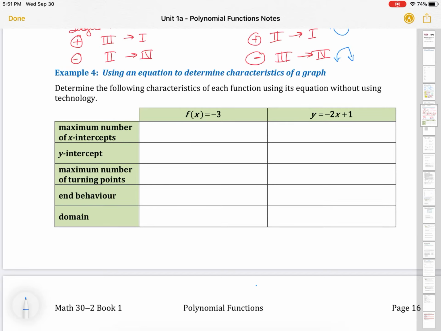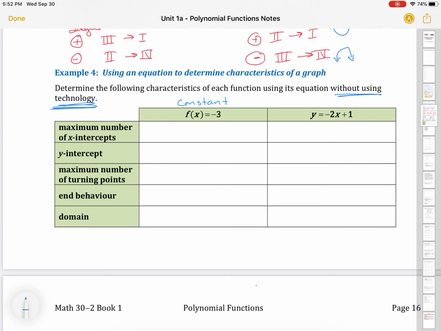Okay. Example 4, using an equation to determine the characteristics of a graph. Determine the following characteristics of each function using its equation without using technology. So we're just going to look at the equation. Our first one, well, it's a constant, right? So let's answer the question.